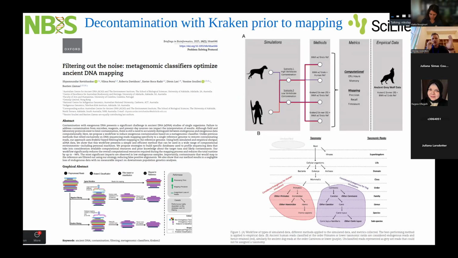That's a quick way to clean your data, and this is essentially what they suggest in this paper. So it's as simple as putting Kraken in front of any ancient DNA pipeline. That's it. They compare different approaches, and they show that decontaminating your data with Kraken was more accurate. So the key word here is accuracy.